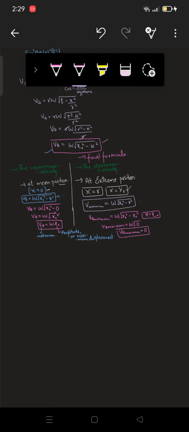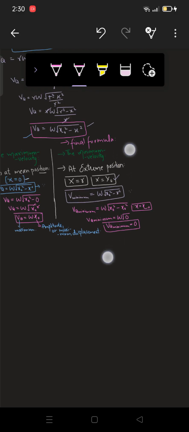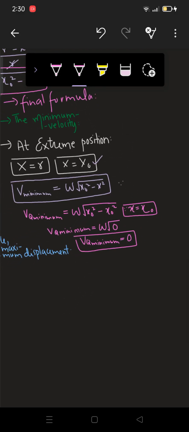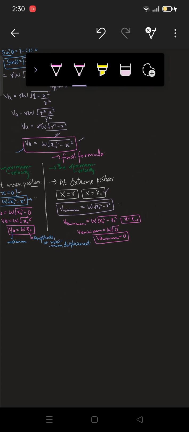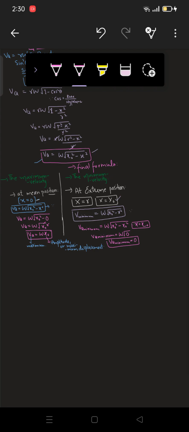There x is equal to the radius of the circle, or x naught, the maximum displacement. So we substituted x as x naught: x naught square minus x naught square gives 0, radical 0 is 0, and 0 multiplied by omega is 0. So our minimum velocity is 0 and maximum velocity is omega x naught.